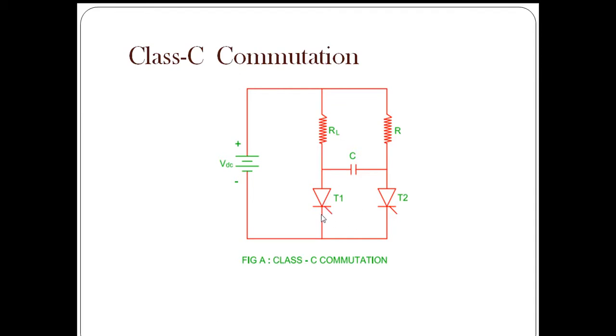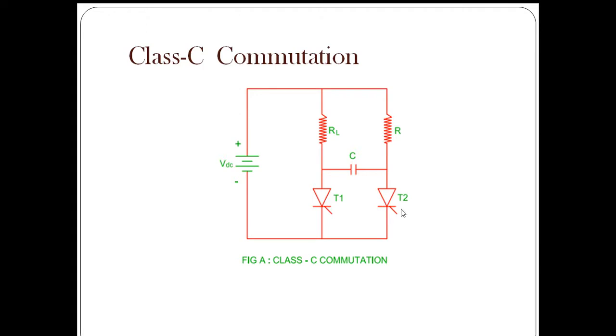At the instant when we want to turn off this thyristor T2, we will turn on thyristor T1. When we are turning on thyristor T1, the voltage across the capacitor will appear in a reverse direction to thyristor T2.